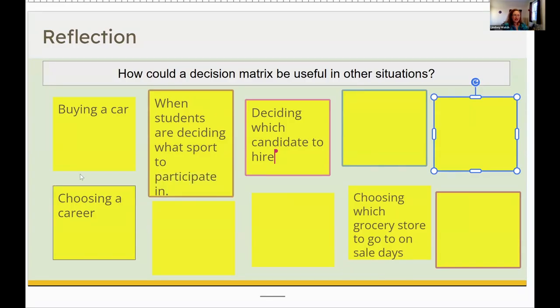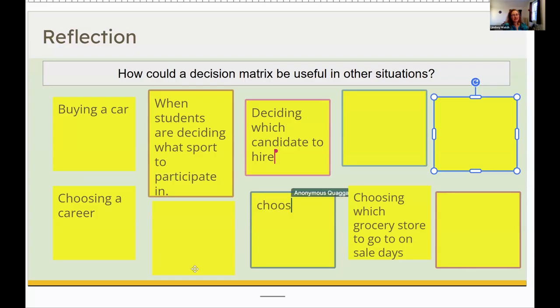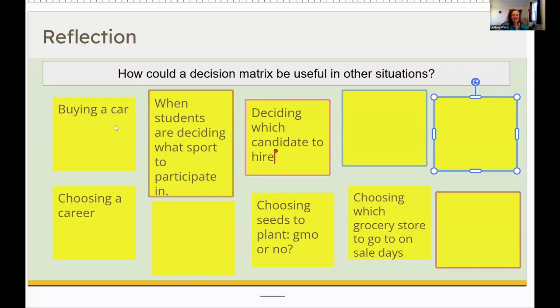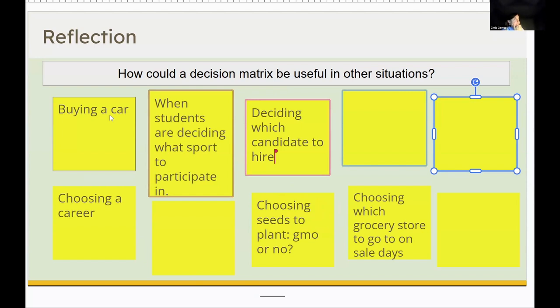And Chris, I see this one about students deciding what sport to participate in. Did you want to share your classroom experience with that? Sorry, had to find my mute button. Yeah, so that happened in my classroom. I introduced my sixth graders to decision matrices. We were doing Unit 6.6, and the next day, one of my students came in and she said, "Mrs. Gary, I made a decision matrix last night," and I was like, "You did?"